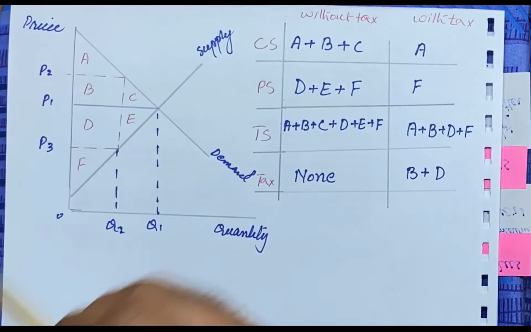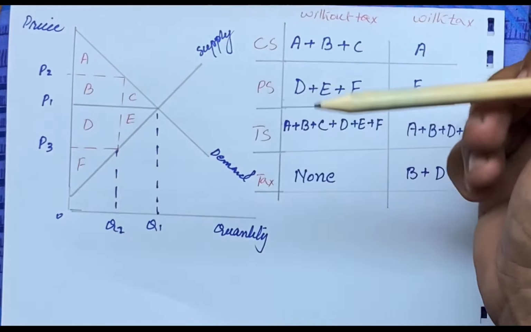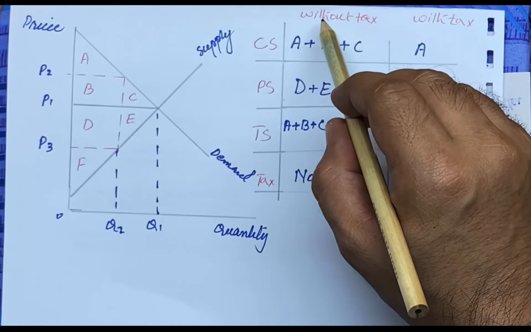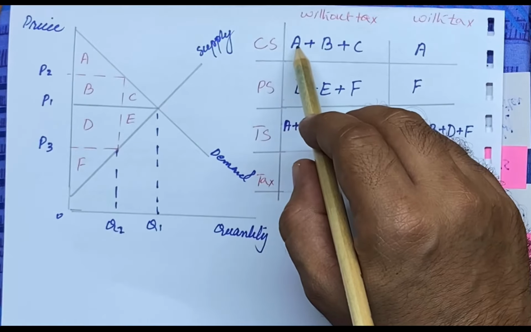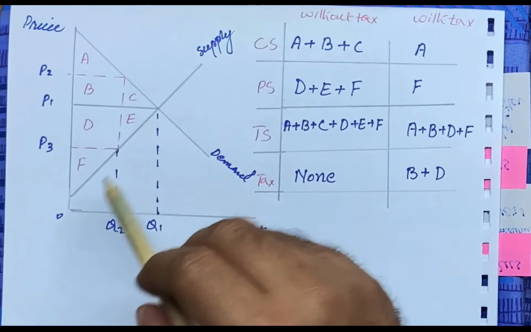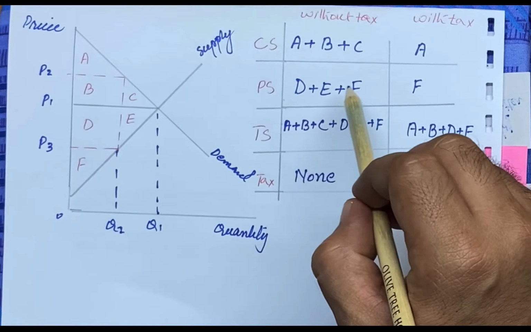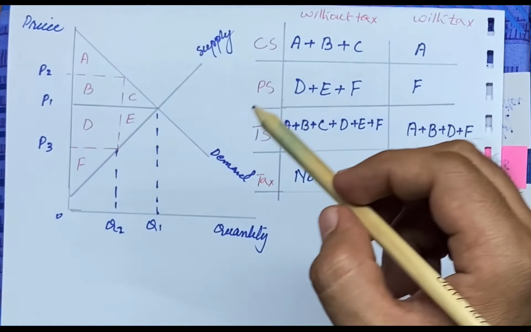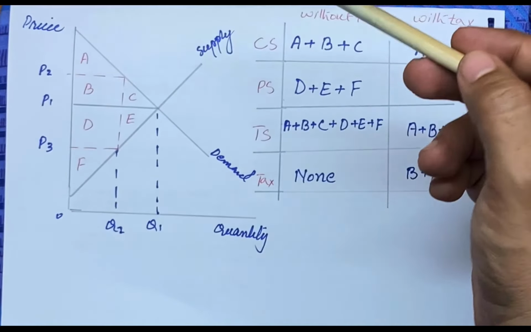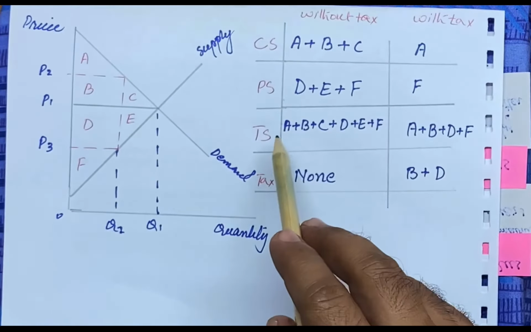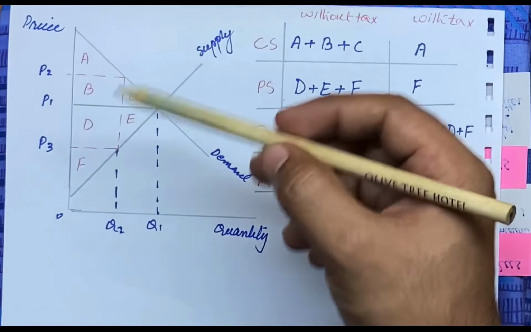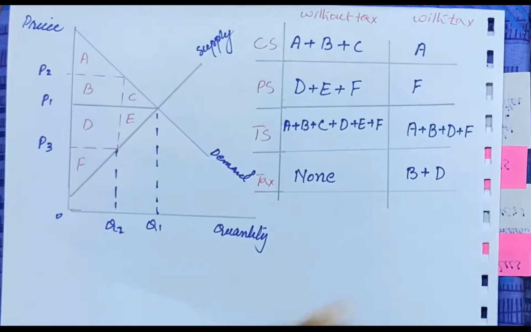So if there is no intervention of government, so without tax, our consumer surplus is A plus B plus C, and the producer surplus is D plus E plus F. And the total surplus we have already discussed. This is the sum of the producer and consumer surplus, that will be A, B, C, D, E, F. This all will be the total surplus.